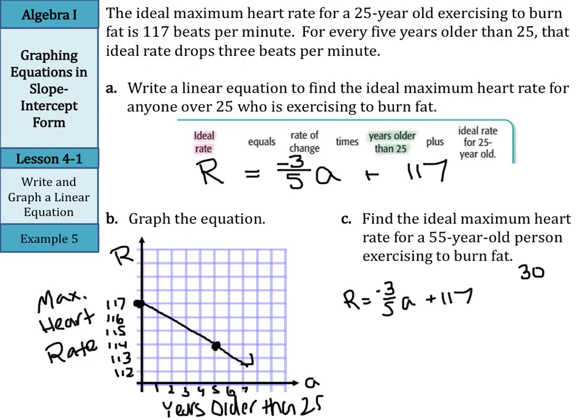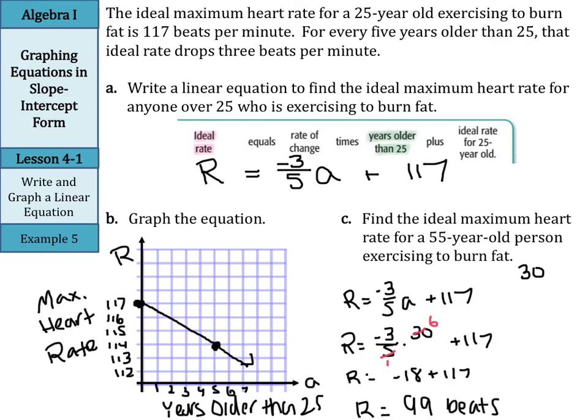So we can put that into R equals negative 3/5 times 30 plus 117. And you can do some cross-simplifying here to make life a little bit easier. But R is going to equal negative 18 plus 117. And, of course, negative 18 plus 117 is 99 beats per minute.